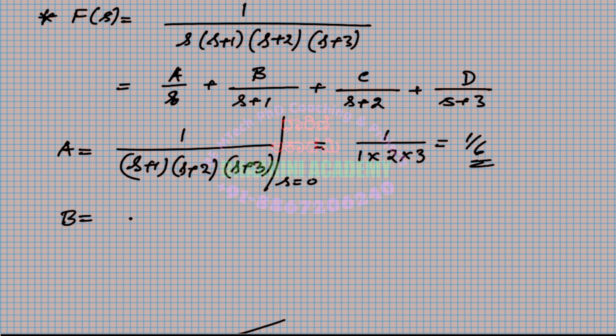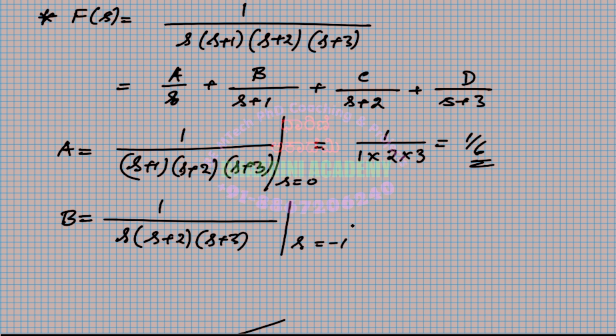Let's find B now. So B is equal to 1 divided by, I write s now, I'm not writing s plus 1, so s plus 2 into s plus 3. Now you are going to put s equal to minus 1 because I have to eliminate this particular denominator. S plus 1 should become 0, which means you put s equal to minus 1.